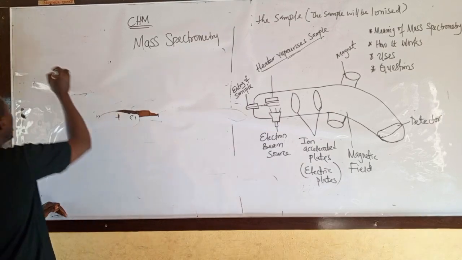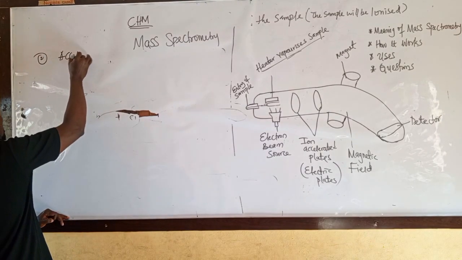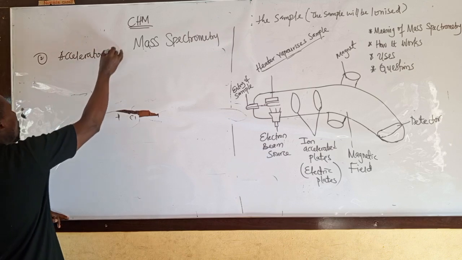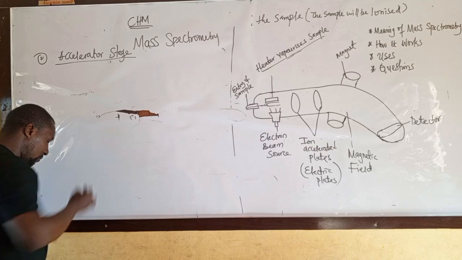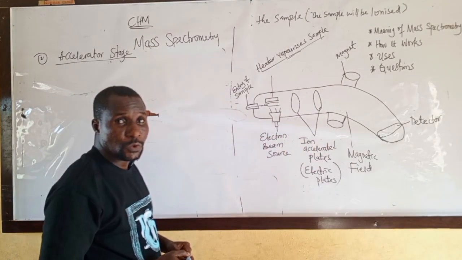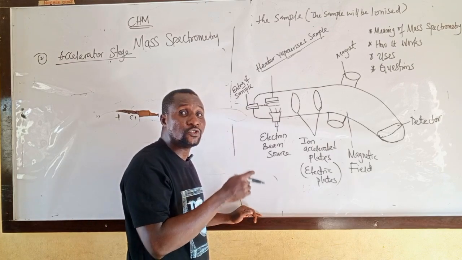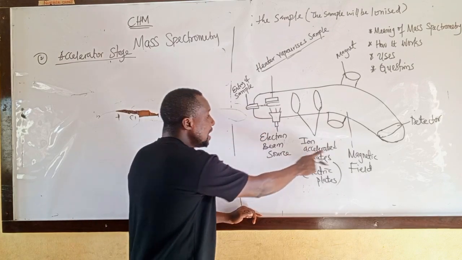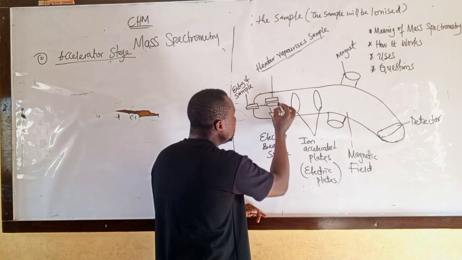The second stage is known as the accelerator stage. What will happen? The ions will be accelerated through the ion accelerating plates, which are electric plates. That means they will move.